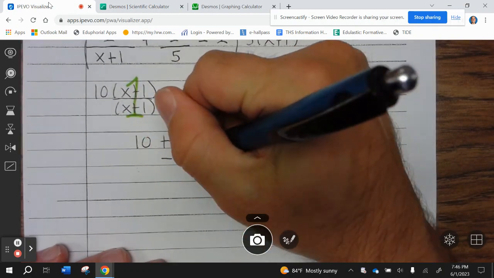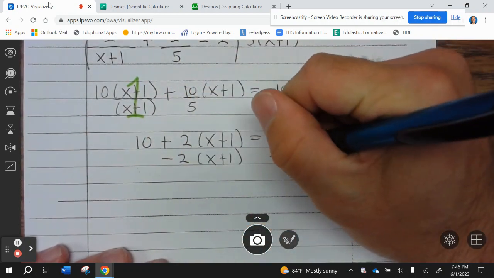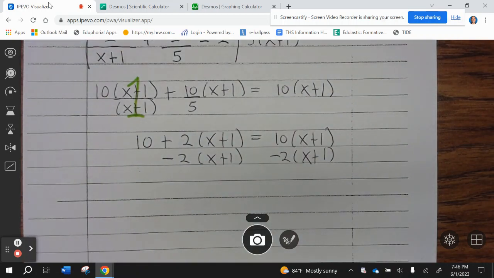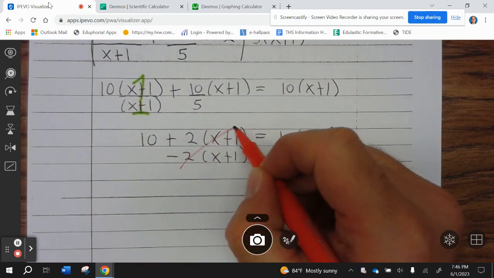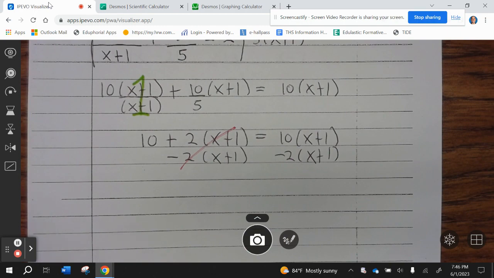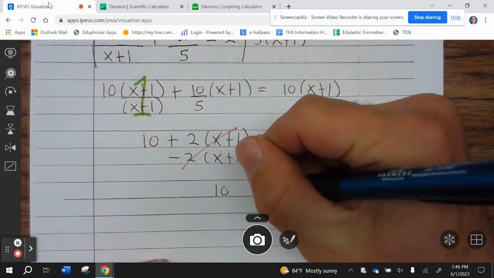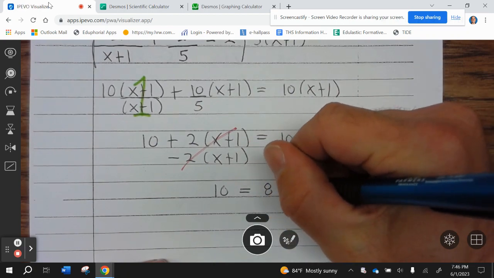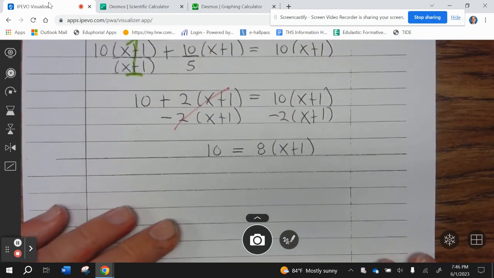We're going to subtract 2 times x plus 1 from both sides. This cancels, becomes 0. So then you're left with 10 equals 8 times x plus 1. Now we distribute.